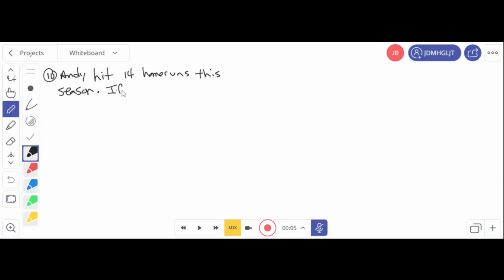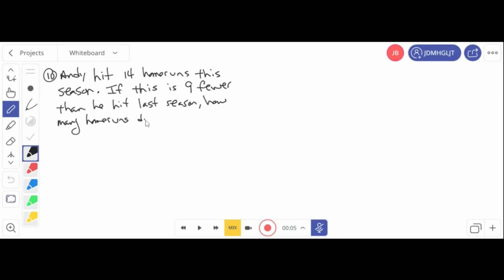If this is 9 fewer than he hit last season, how many home runs did he hit last season?